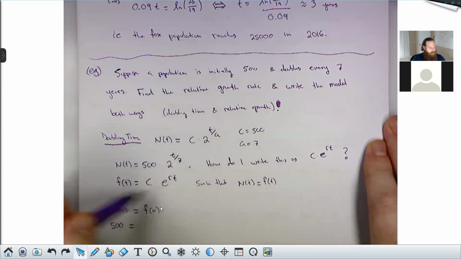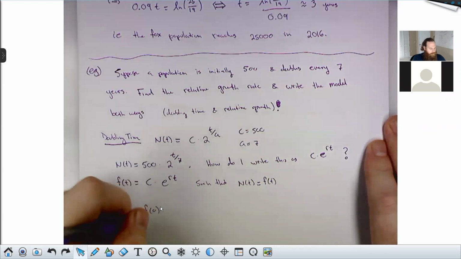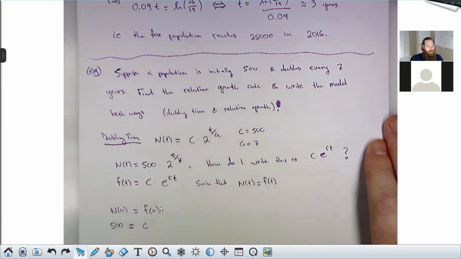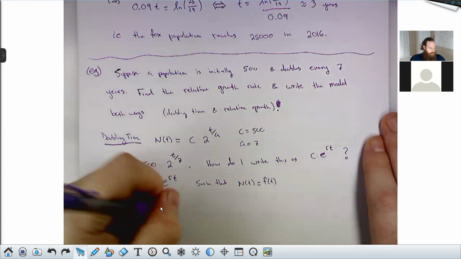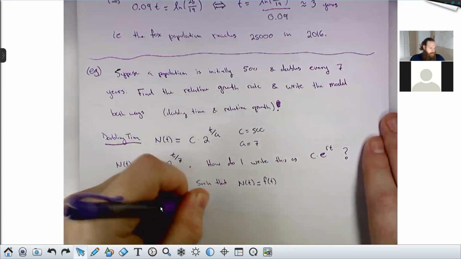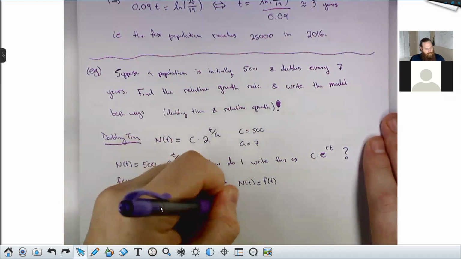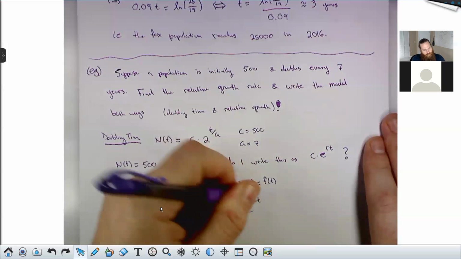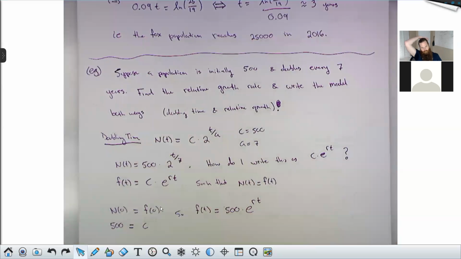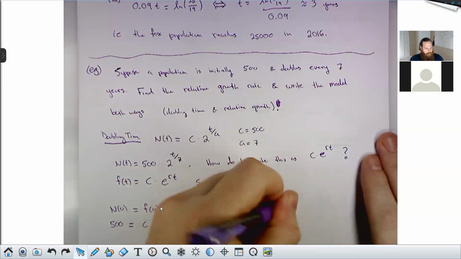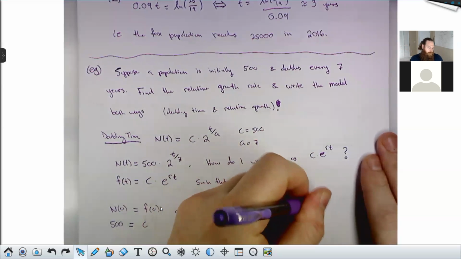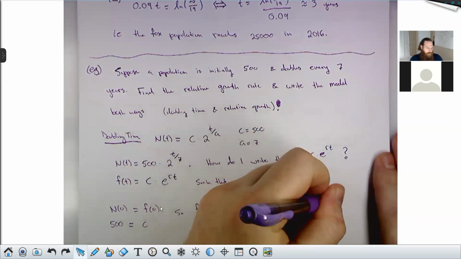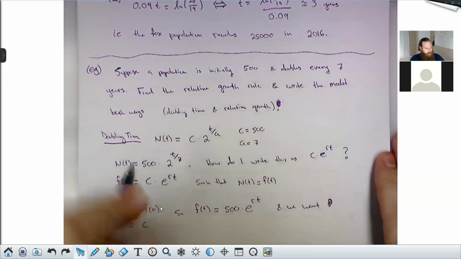And if you plug in 0 here, you get C times e to the 0, which is just C. So F of T is going to be 500 times e to the RT. And we want, remember, F of T and N of T to be always equal.